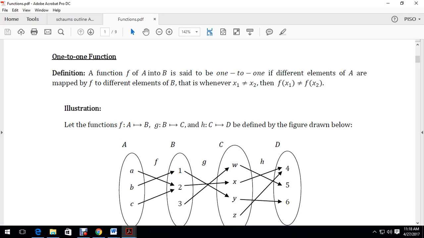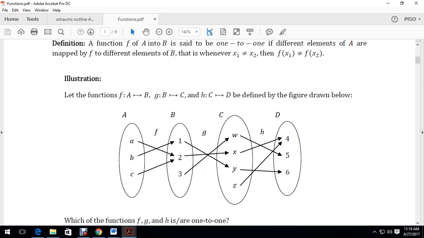Now from the definition, x sub 1 not equal to x sub 2 means that each of the values of x sub 1, x sub 2, and so on are uniquely determined such that f of x sub 1 is not equal to f of x sub 2, meaning that the mapping is unique from the elements of the previous set towards the elements of the second set.